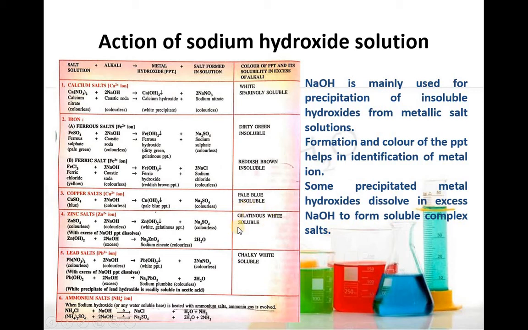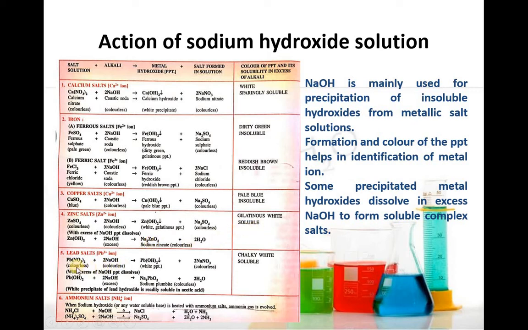So in excess sodium hydroxide you get the complex salt, that is sodium zincate. So what is happening over here? Zinc sulfate gives you first white gelatinous precipitate. Now when you add more sodium hydroxide, you get sodium zincate, which is the complex salt and it is soluble.